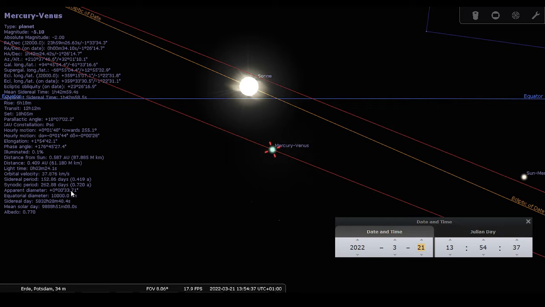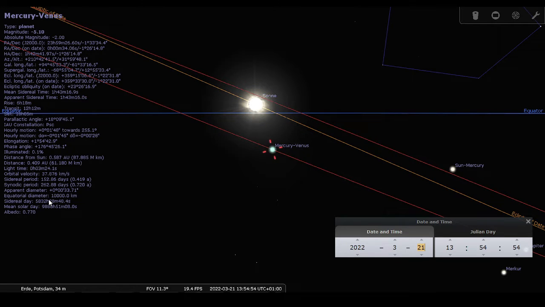Here they're looking about 33.7 arc seconds, and the sidereal period, so one period about the Sun, takes about 153 days, and the synodic period is a bit longer.